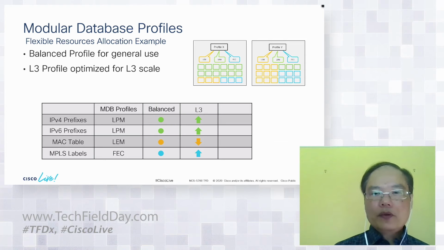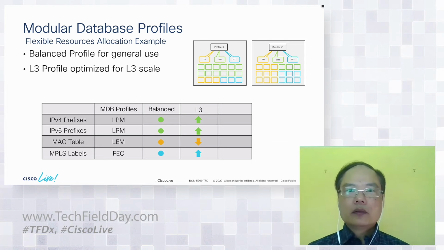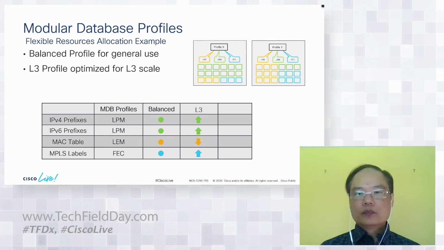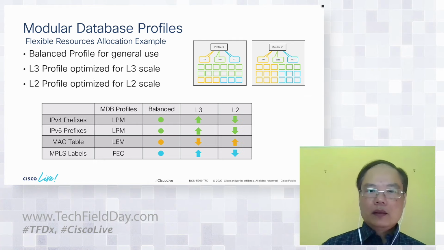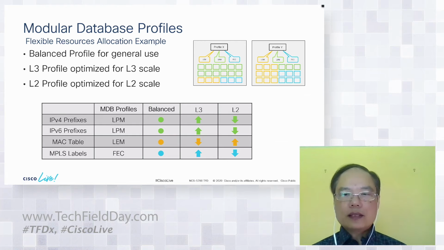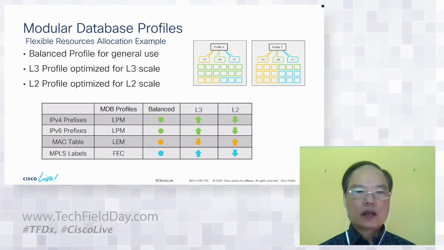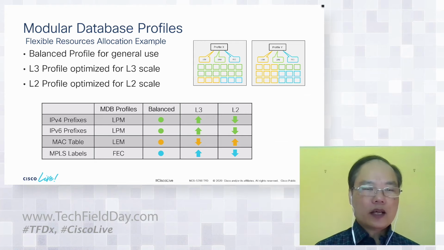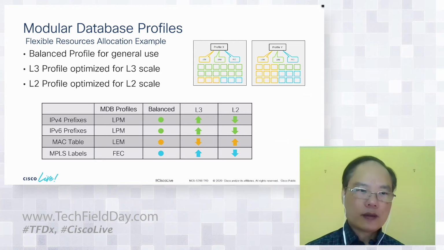But for layer 3 focused users, they could use an L3 optimized profile which increases LPM allocation, for example. And for layer 2 focused users, they could use a layer 2 optimized profile with increased LEM allocation, for example. So this is the concept of modular database profiles for different use cases.